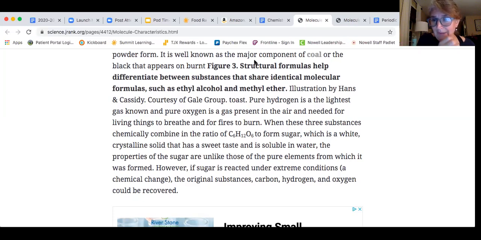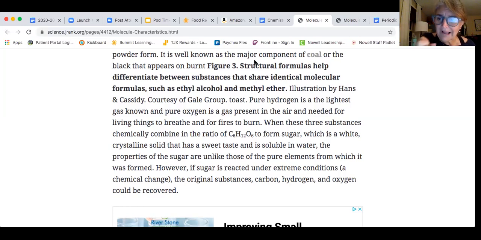Carbon is a black powder. Hydrogen is the lightest gas, and oxygen is also a gas. So these original elements from which this compound is made, carbon, hydrogen, and oxygen, can still be recovered if we react sugar under extreme conditions. We can get back to these basic elements.